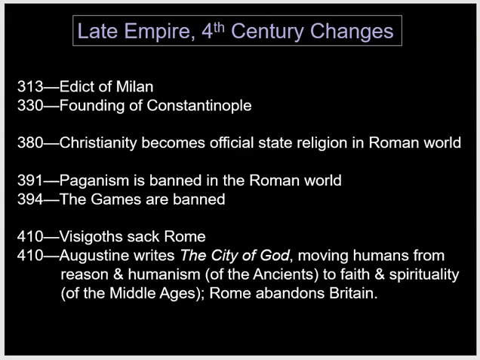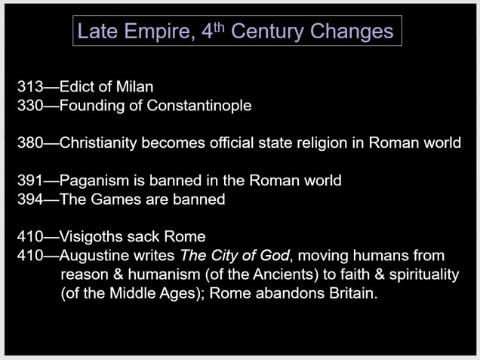Constantine, we remember in 313, is going to allow the practice of all religions in public. That was probably specifically aimed at allowing Christians to practice, but it also allowed Jews to practice their monotheistic faith as well. So this begins officially in 313.